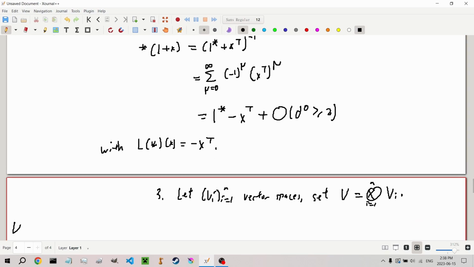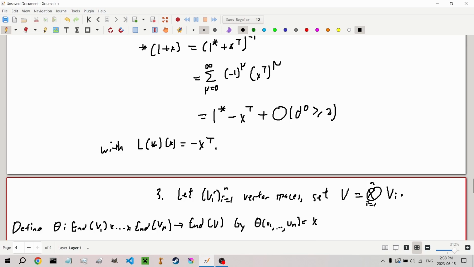We're then going to define theta being the map from the endomorphism algebra of V1 through the endomorphism algebra of Vn to the endomorphism algebra of V by theta of u1 through un being the tensor from 1 to n of ui.